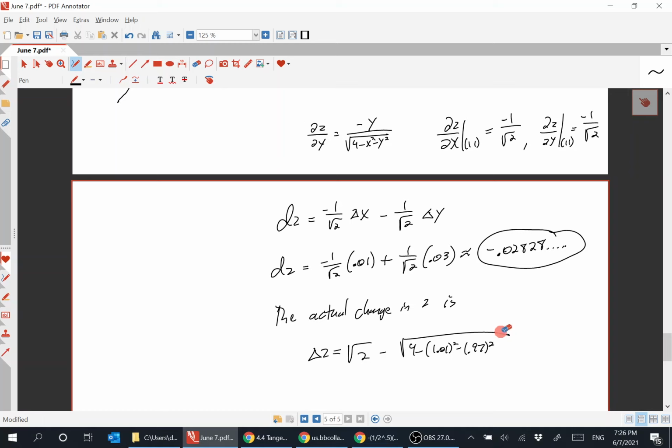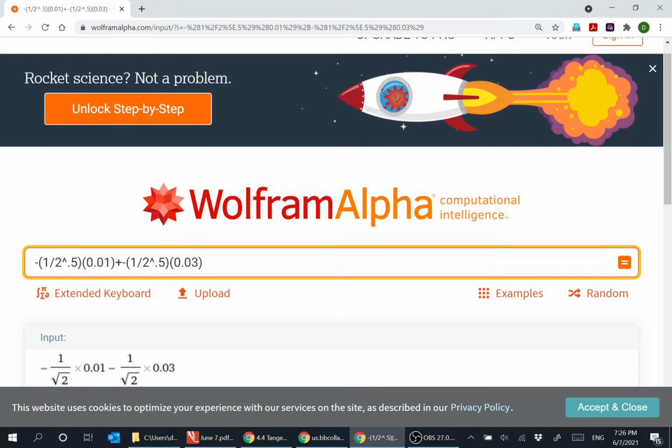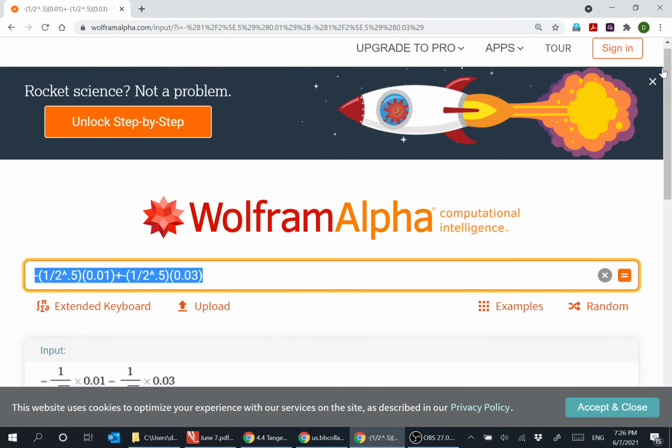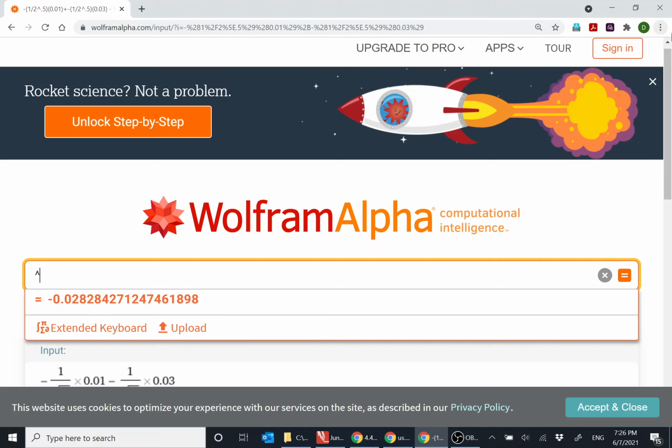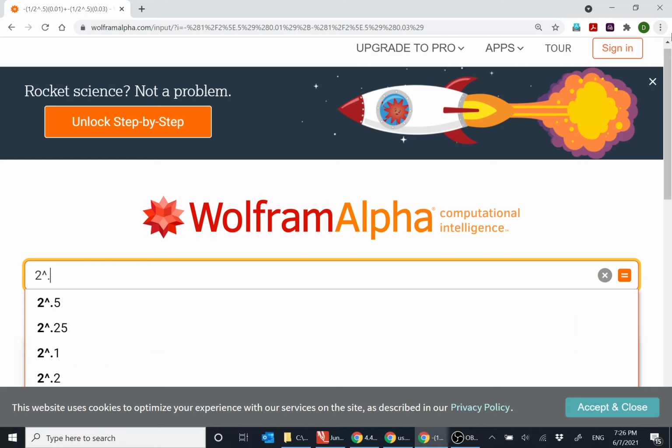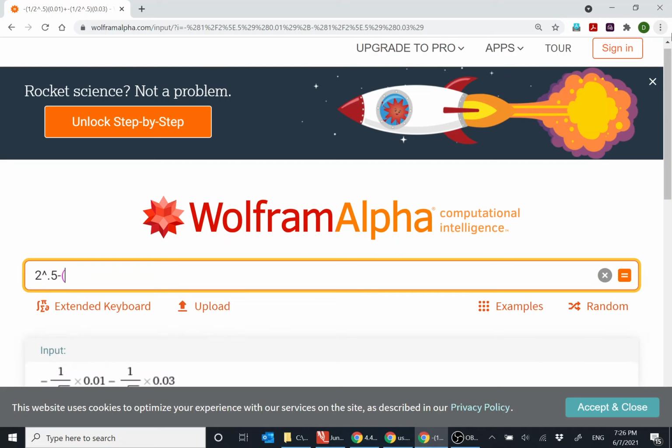Okay, so actually changing x and y by the specified delta. So what do we get? 4 minus 1.01 squared minus 0.97 squared, to the 0.5.